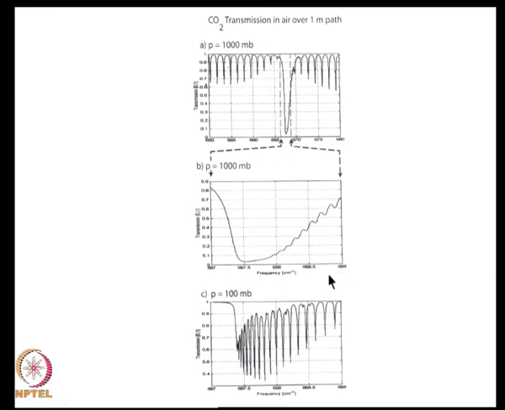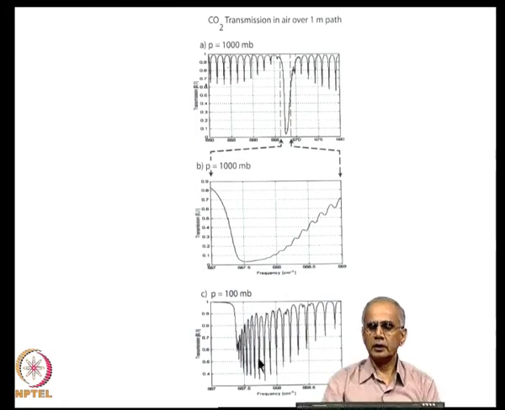You can see that right in this slope region, there are beginnings of the line structure visible at 1 bar, but take the same gas and find the spectra at 100 millibar, that is about a height of 10 kilometers, 12 kilometers. You can see that these lines, which are hardly visible here, are actually distinct lines.